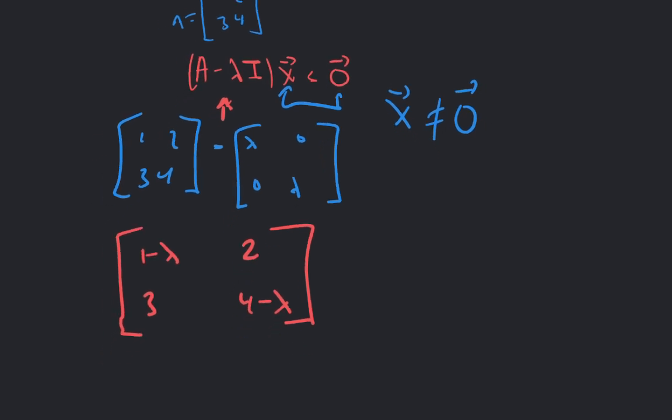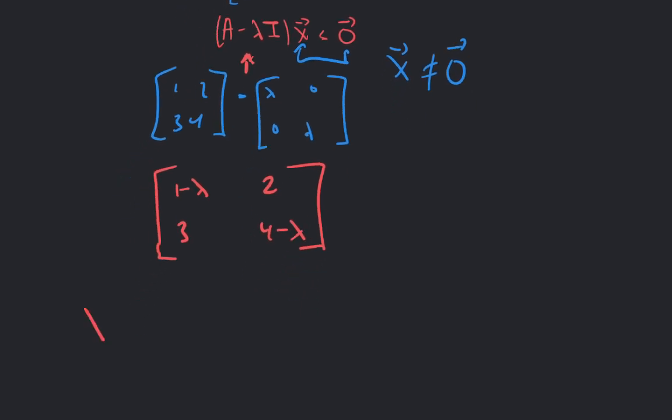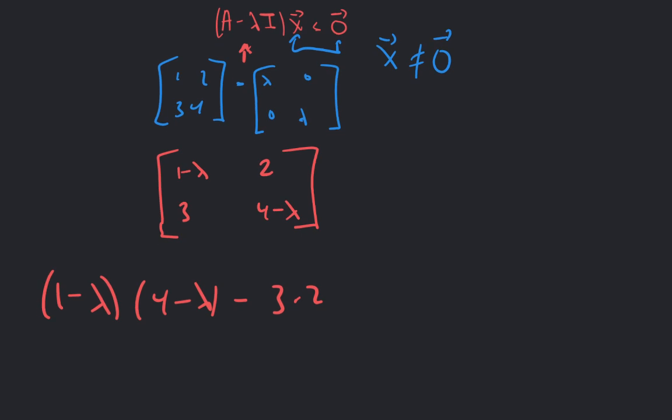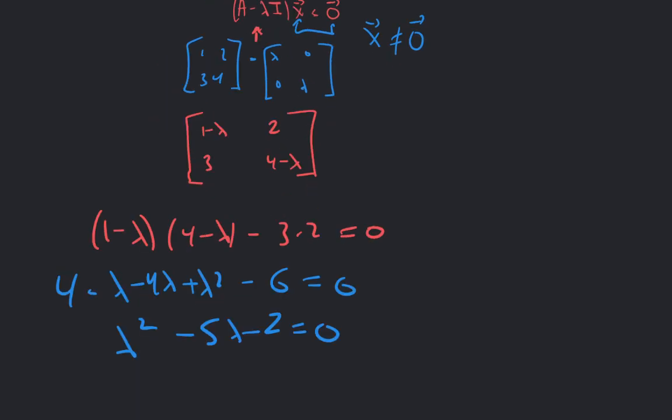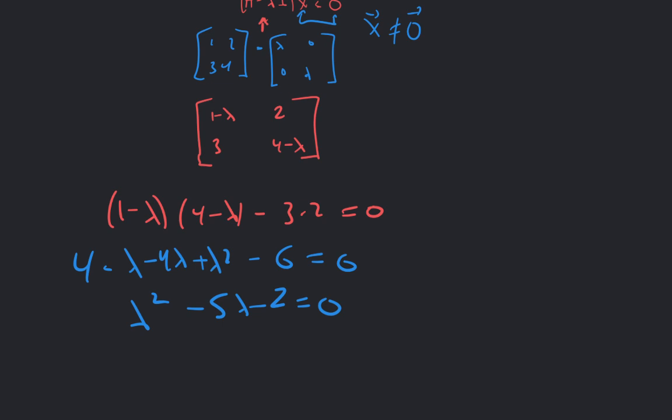So we do that. Now we take the determinant of this, 1 minus lambda times 4 minus lambda minus 3 times 2. Oh look, a quadratic. A wild quadratic appears. Whatever can we do?